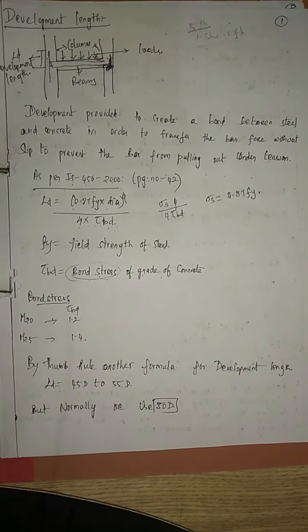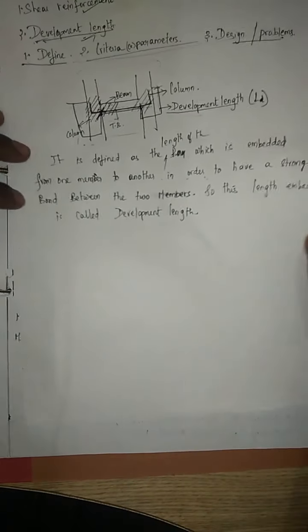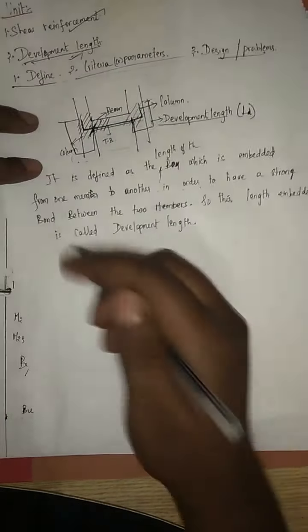I am repeating, the stress which is acting on the outer interface of steel to the surrounding concrete is called bond stress. I will write the definition here, so you can take this definition also.